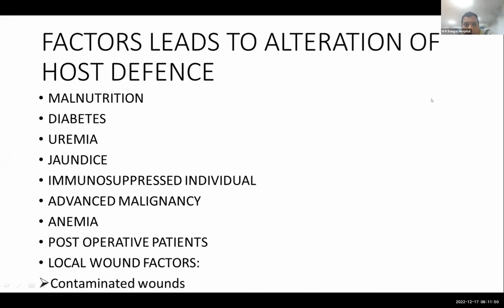Factors that lead to alteration of host defense are malnutrition, diabetes, uremia, jaundice, immunosuppressed individual, advanced malignancy, anemia, post-operative patients.